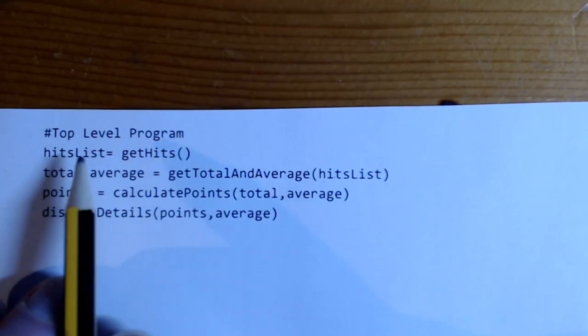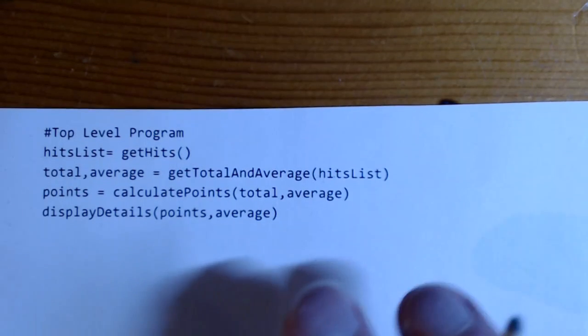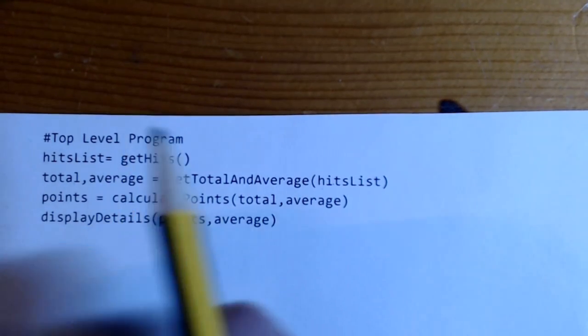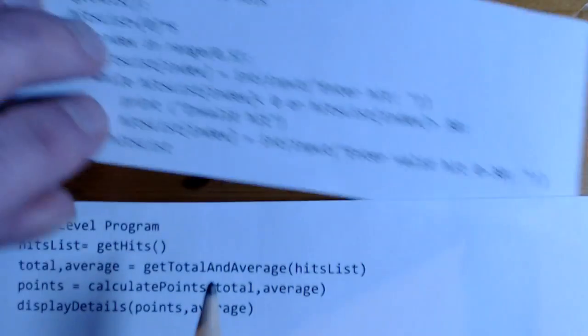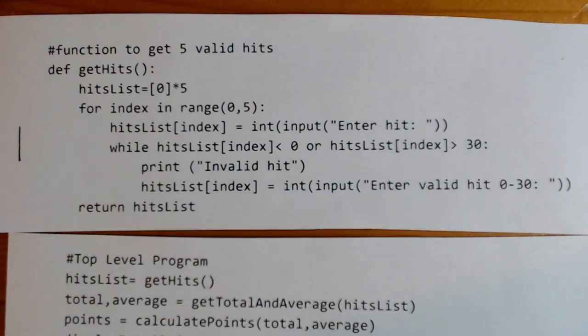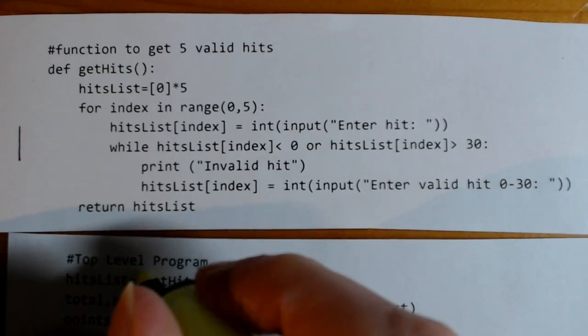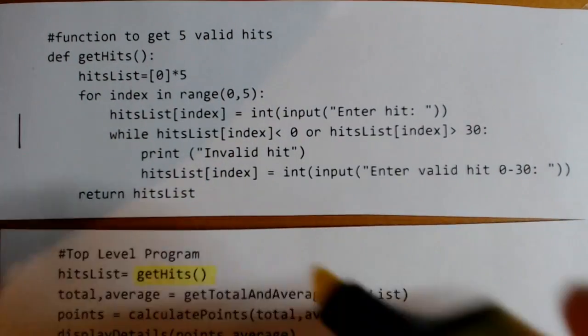So if we look at the first thing, the first thing is to get the number of hits. So we've got a function called get_hits. Now that function has to be spelled exactly like that. So it calls upon get_hits. It doesn't have to pass it any information because it's actually expecting this function to give it the information.